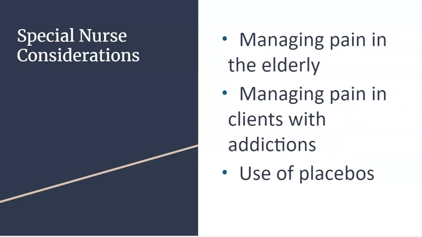Some special considerations when you're managing pain and using pain medications or non-pharmacological interventions. So, managing pain in the elderly. You want to know that pain can be particularly persistent. It is common among older adults, especially those suffering from degenerative spine conditions, arthritis, nightly leg pain, or pain as a result of cancer.